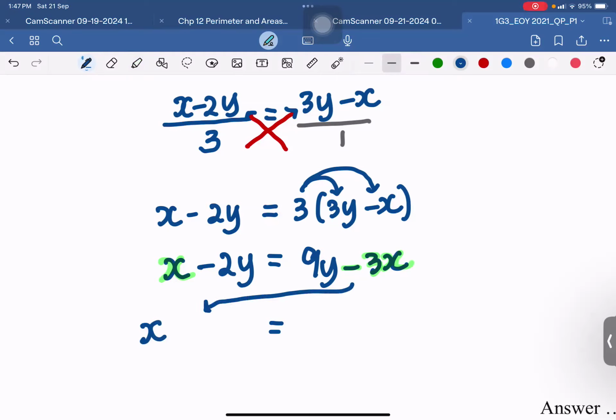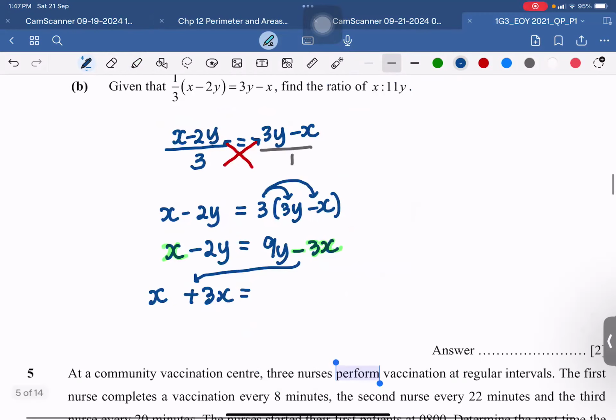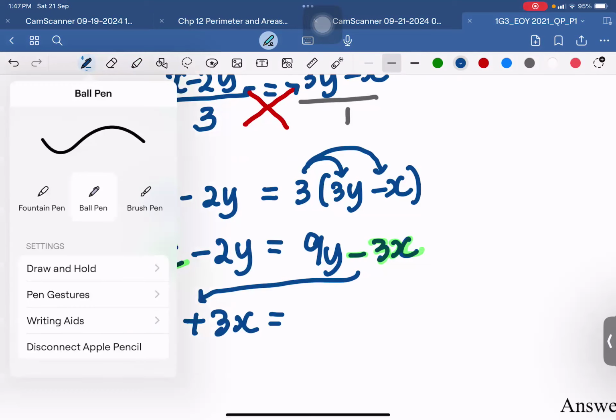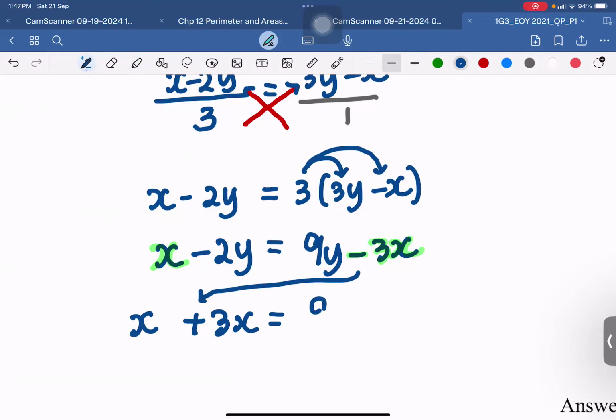Plus 3x. Correct. Then what happens to the y on the other side? Plus 2y. Then what about the 9y? It stays there, correct? Okay, Ken, thank you.